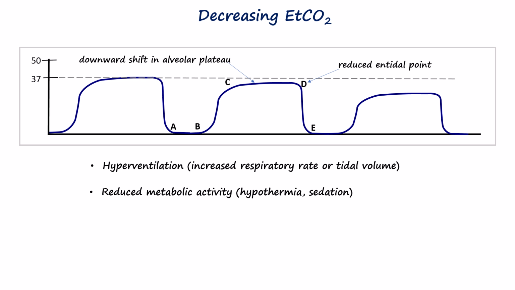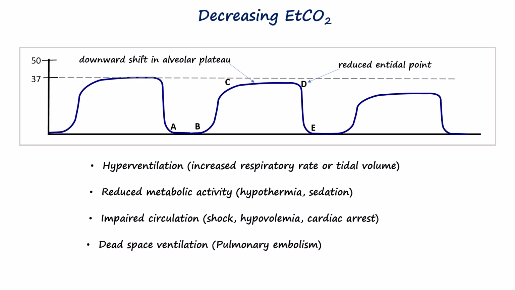More importantly, a falling EtCO2 may reflect impaired circulation such as in shock, hypovolemia, or cardiac arrest, where less CO2 is delivered to the lungs for exhalation. Pulmonary embolism and increased dead space ventilation can also cause a drop in EtCO2 due to poor perfusion of ventilated alveoli. Additionally, technical issues like a disconnected circuit or leaks can falsely lower the EtCO2 reading.